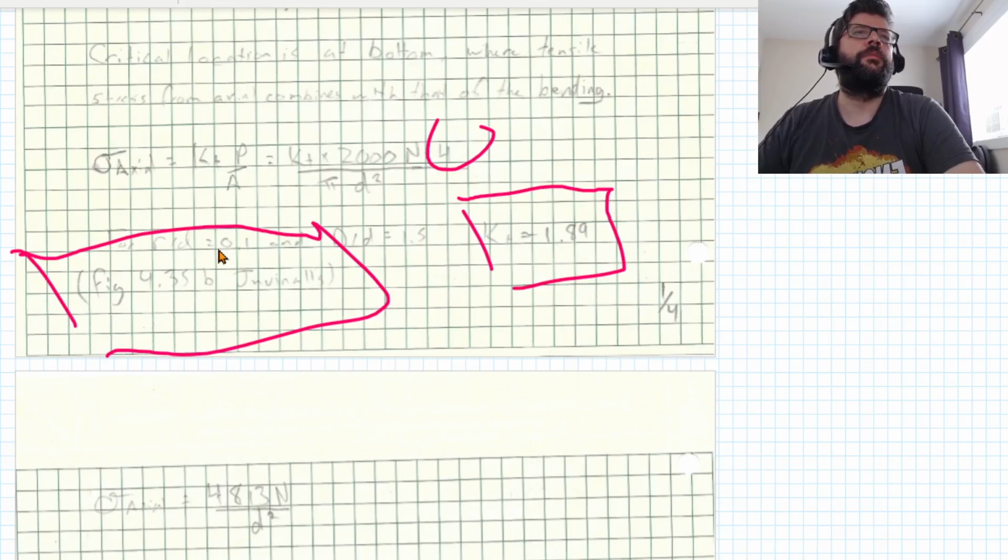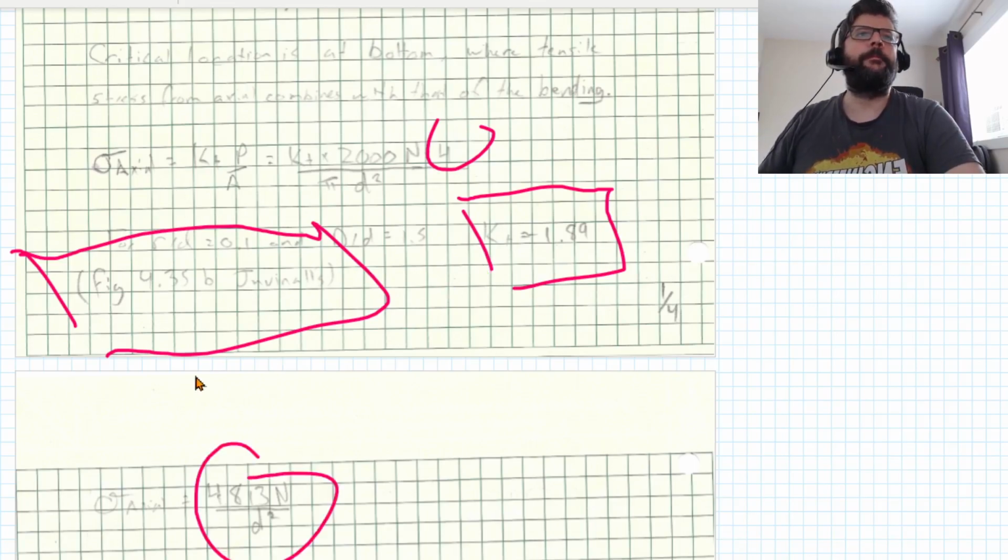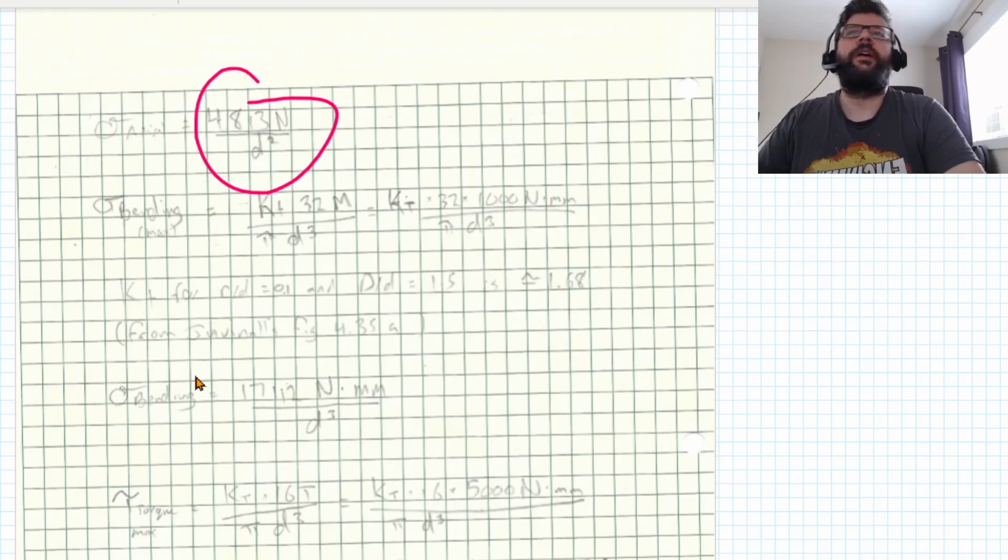So multiplying everything out, 1.89 times 200 times 4 divided by pi gives us 481.3 newtons per d squared. So that's our axial.